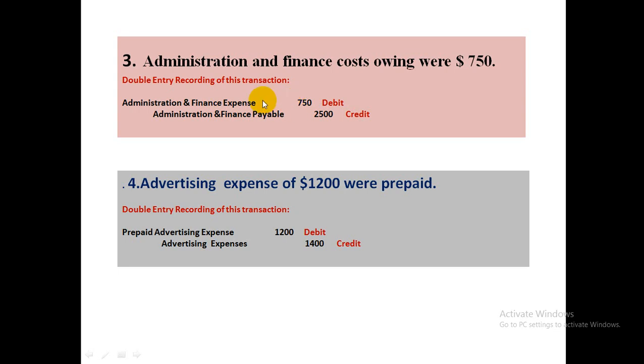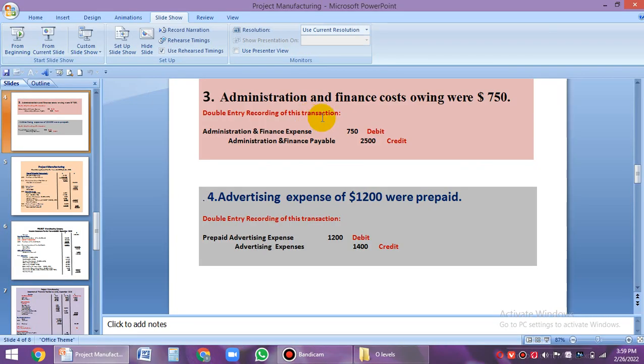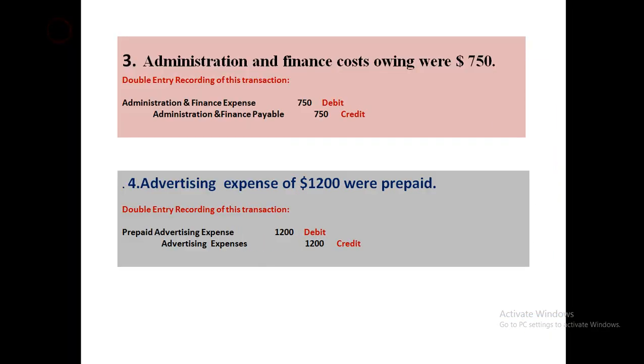So this 750 should be added in administration and finance expense, and this 750 should be taken as our liability in the balance sheet. This 750 will go in the payable portion, that is the liability portion of balance sheet, and this 750 will be added in the income statement expenses portion.